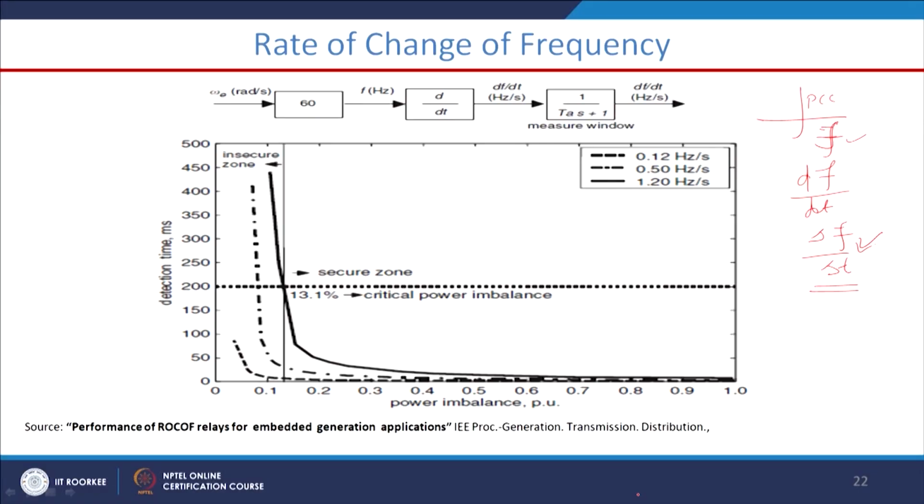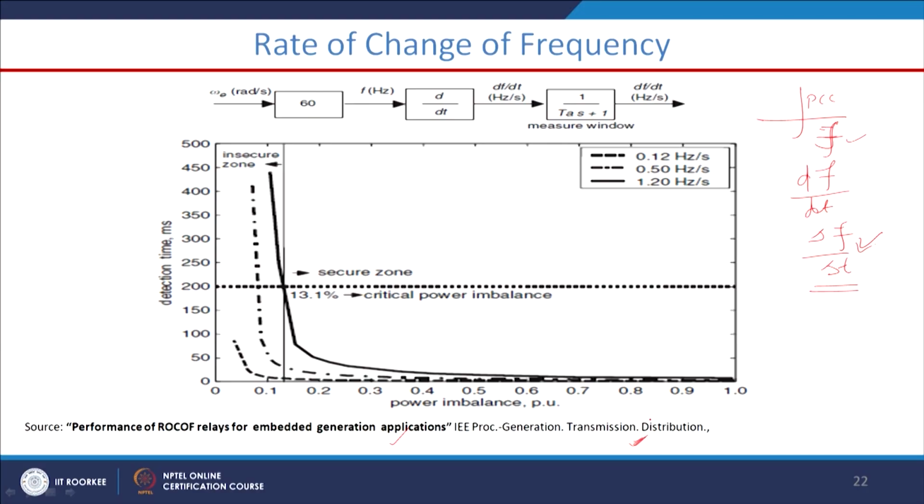A few figures are presented here, taken from this particular article or publication. We should always refer to the corresponding paper from which the figures are taken, so you can follow this paper. Due to the lack of space, we are just keeping the title and the journal name.